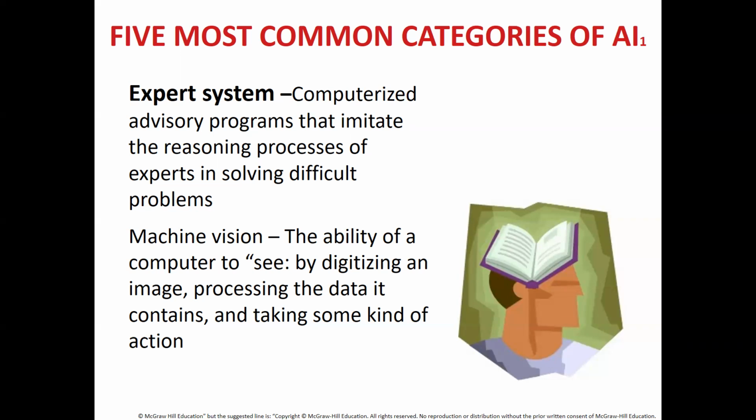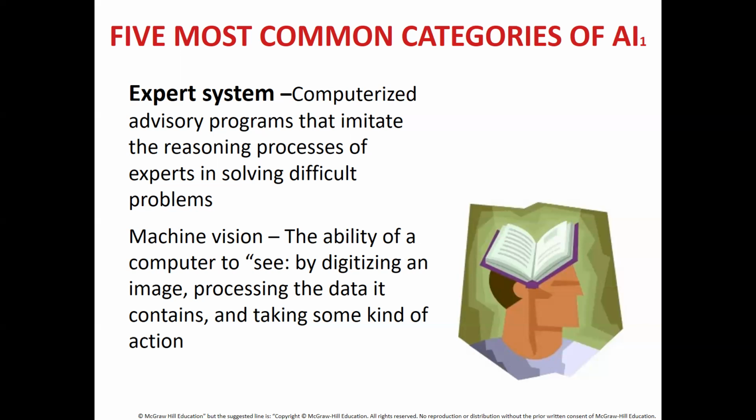What they do is that all the test results and everything the doctors do need to be fed into the computerized system, and based on the expertise of the software, it tries to figure out what is actually wrong with that person's heart. So that is an example of an expert system generally used in the medical field.